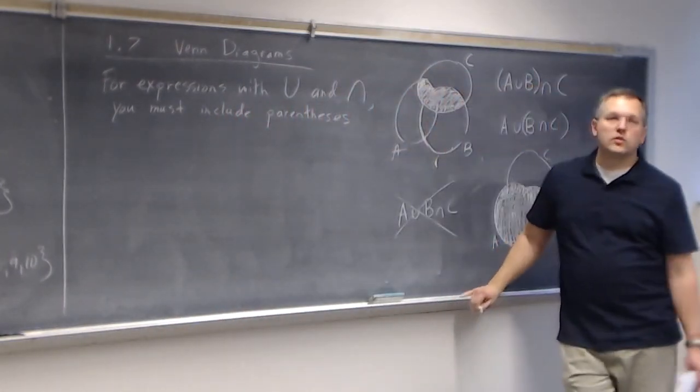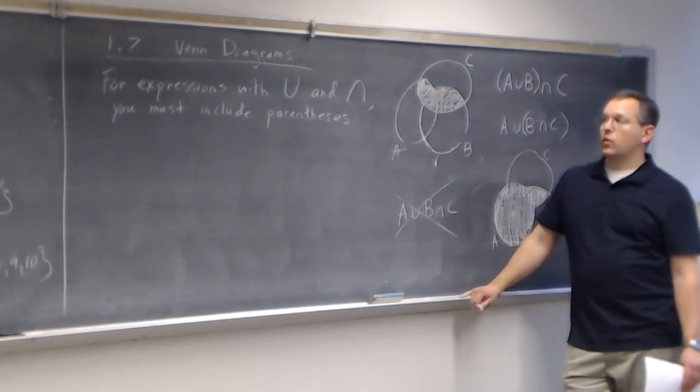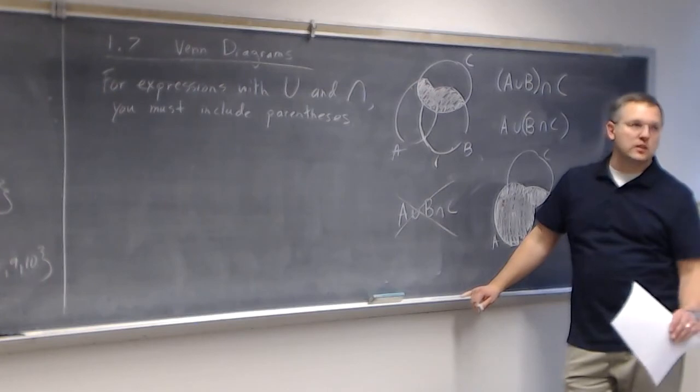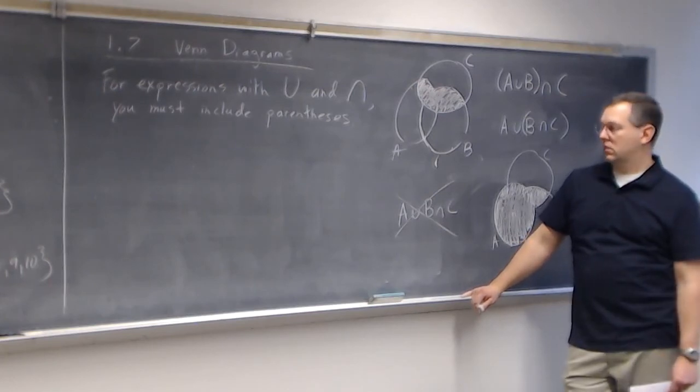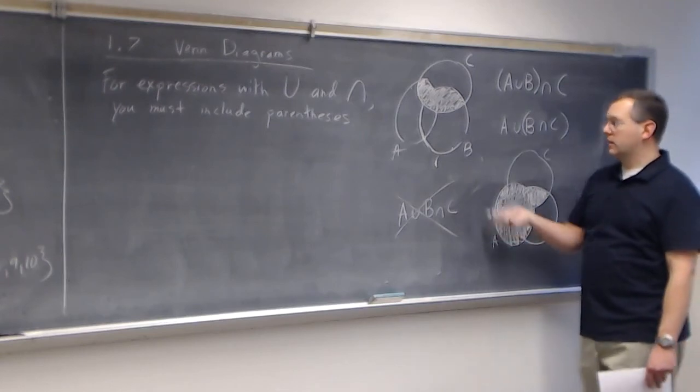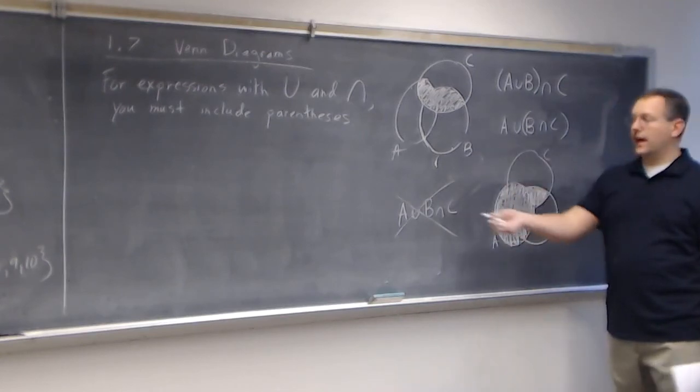If it was all unions or all intersections, then you wouldn't need parentheses. But when you start mixing and matching unions and intersections, it makes a difference where you put the parentheses, so you can't leave them off.